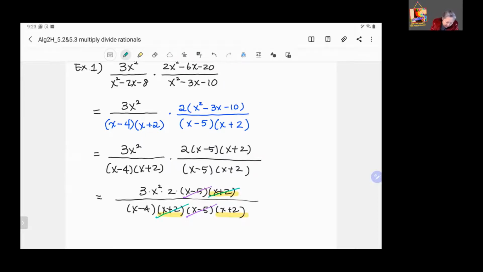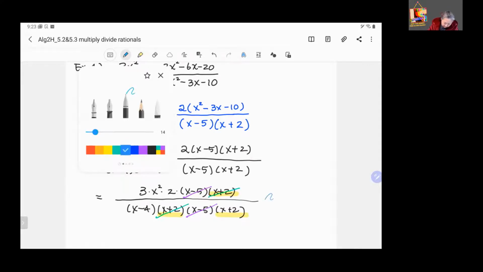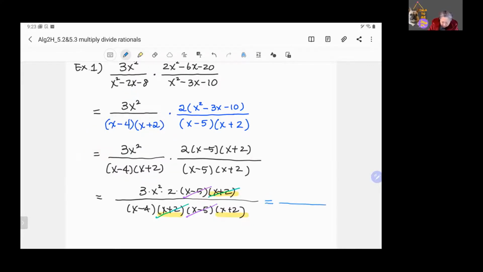Then I can go ahead and multiply everything so that I can come up with the simplest form here. So 3 times 2 will make 6, and then x squared was left. And then what I have here is x minus 4, x plus 2, so it's going to make x minus 4 and x plus 2. Now we're done simplifying it.